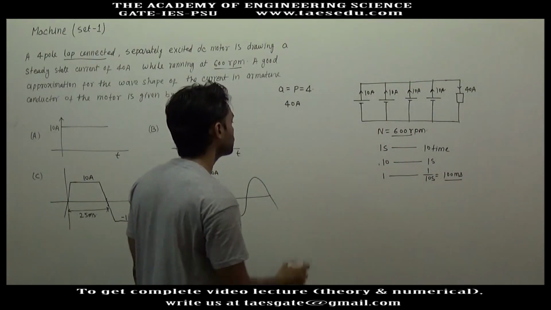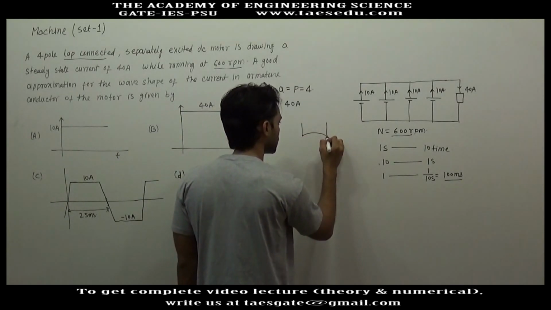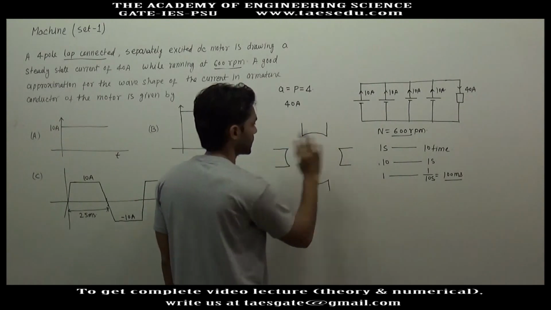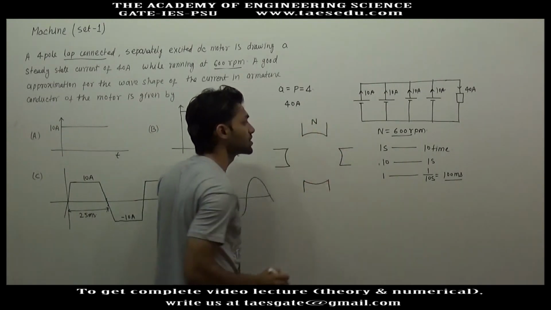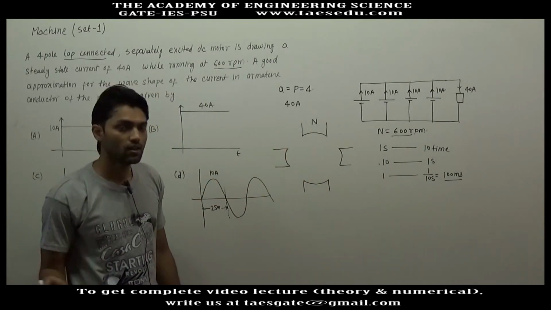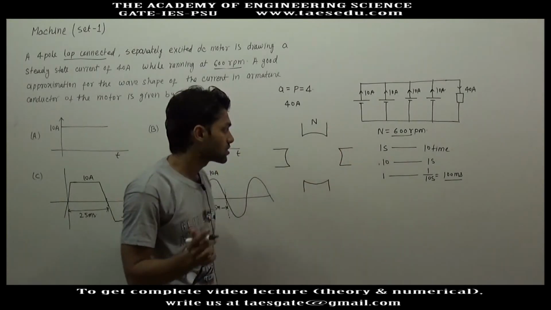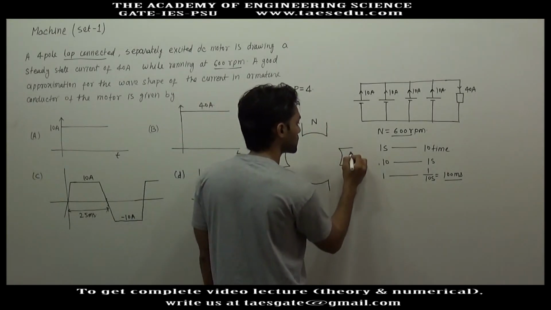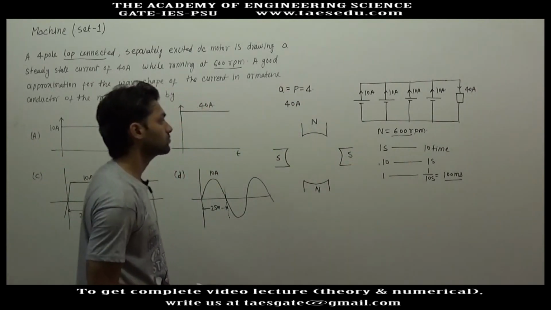Okay, we have a 4-pole DC machine. Let us draw it. Let's say these are the 4 poles. This is north pole. In machines we have studied that the poles have to be alternately south pole and north pole. There cannot be two consecutive north poles or two south poles. So if this is north pole, this will be south, this is north, and this is south.